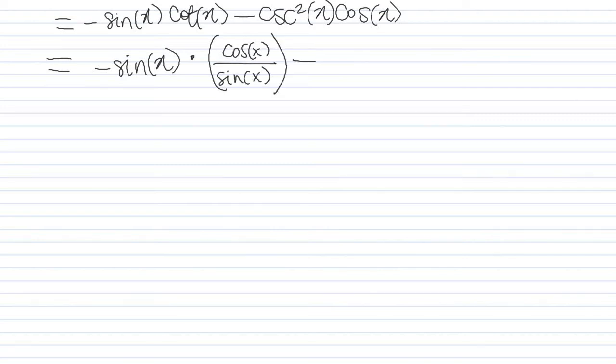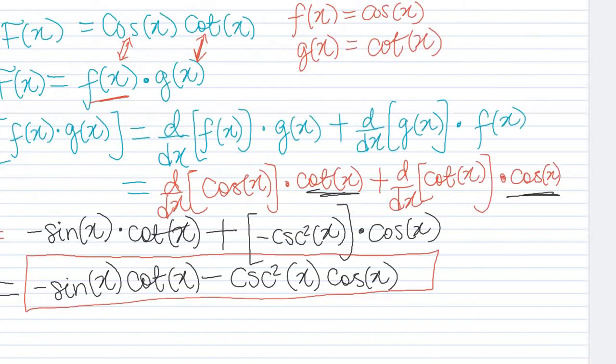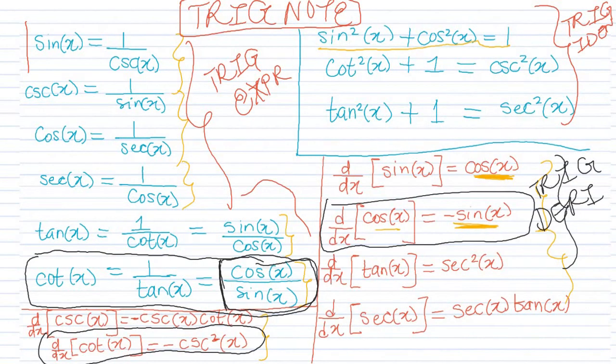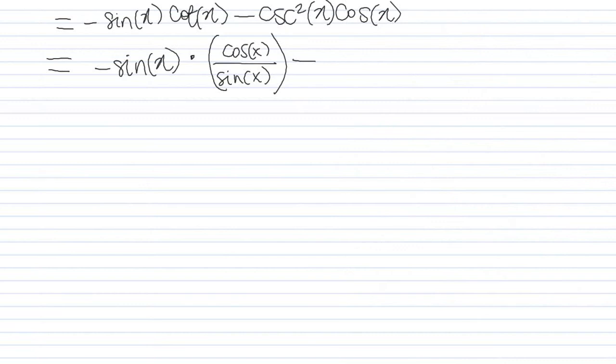So minus, what is cosecant squared x? Let's ignore the square and just find out what cosecant is. Cosecant x is the same thing as 1 over sine x.